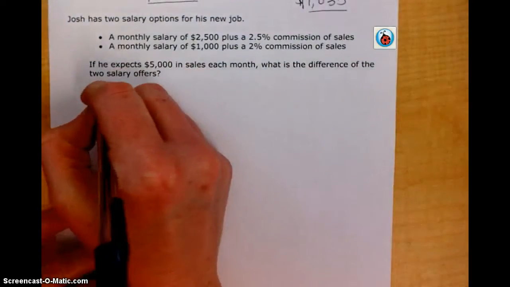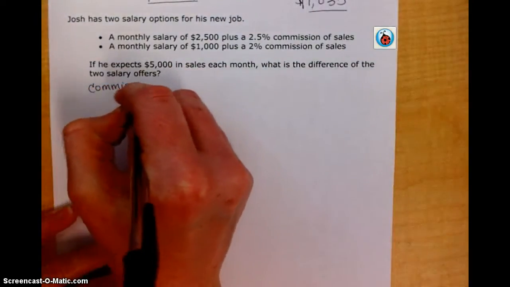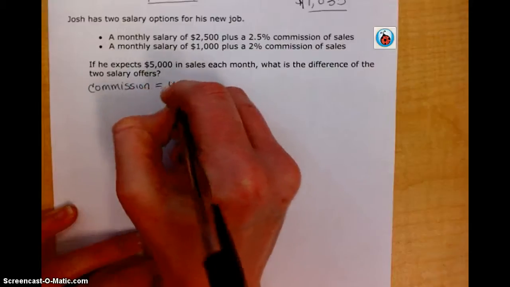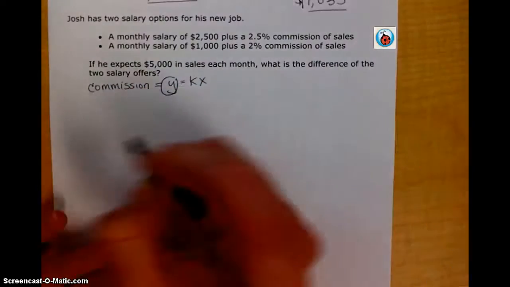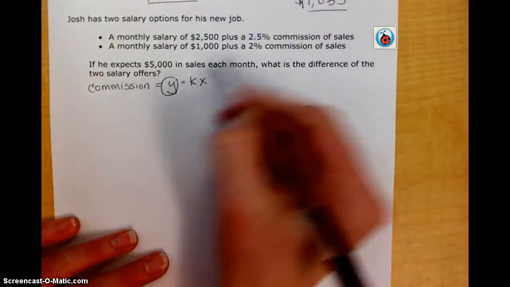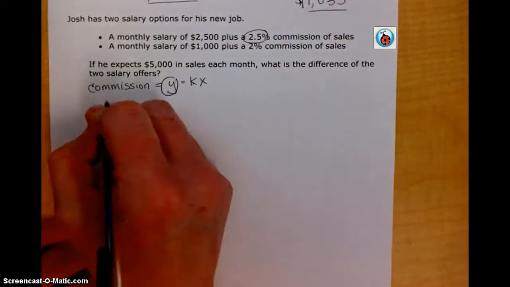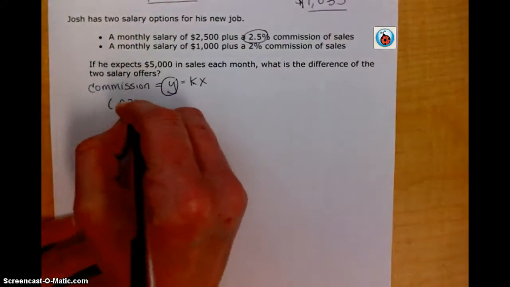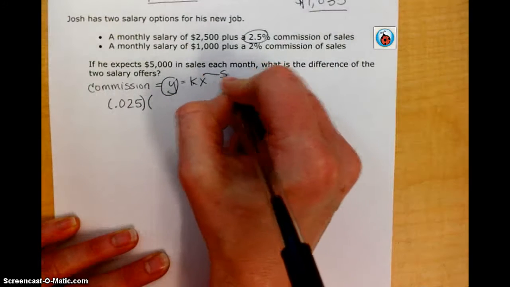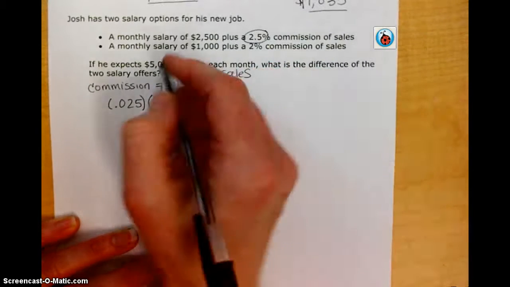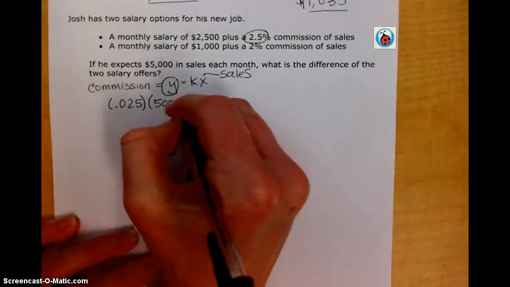So commission is equal to y equals kx, because y is the commission. So I'm going to take my k, which is my percent, 0.025, and I'm going to multiply it by my x, which is my sales, and that's $5,000.